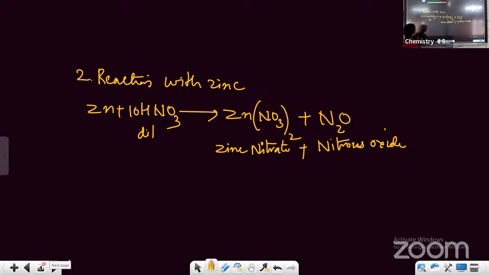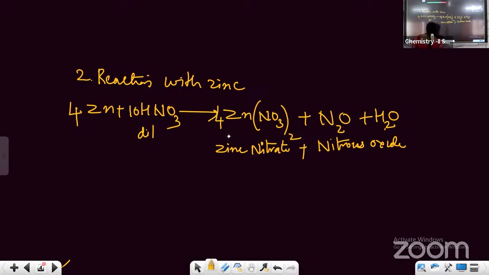So you are having 10 nitrogens. 10 nitrogens are there, try to balance, students. Plus water is given out. Okay, 4 moles of zinc. So zinc should be 4.